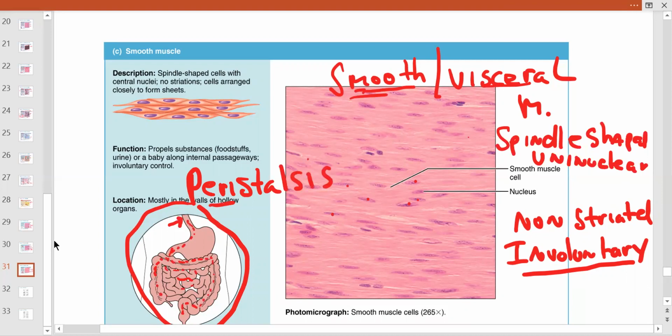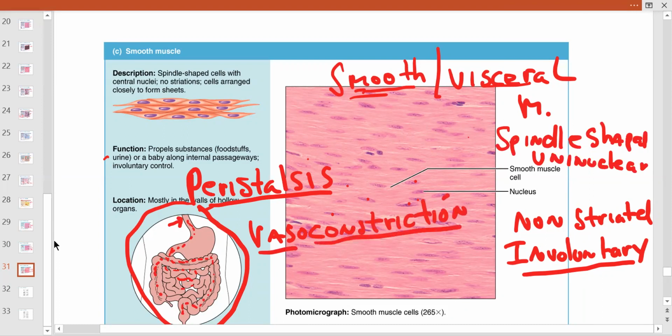So you're going to get a big smile out of me if it says function of smooth muscle and you put peristalsis or vasoconstriction, which is squeezing blood vessels. You're going to get a nice smile out of me. Vaso is blood vessel. So if you constrict the blood vessels, like arteries that are peripheral in your body, you increase your blood pressure.